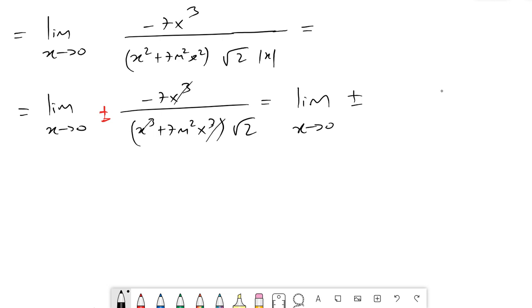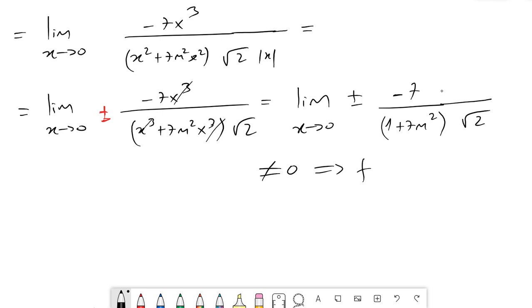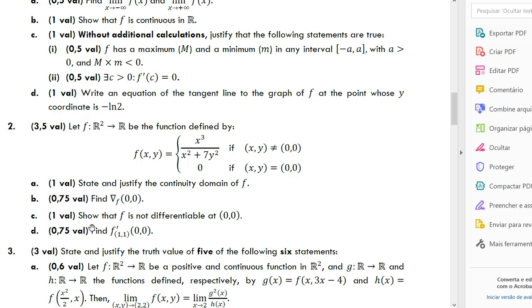So we'll have minus 7 divided by 1 plus 7m squared, right, times square root of 2. Okay? So the limit depends on m, so the limit is not 0. So this means that the function is not differentiable at 0, 0. Okay, so we showed that f is not differentiable at 0, 0.